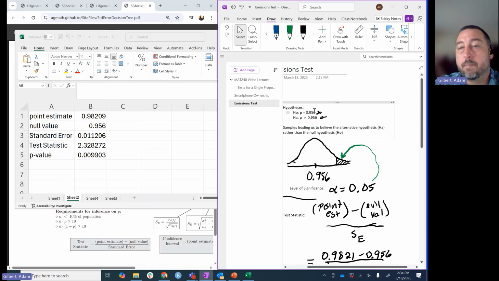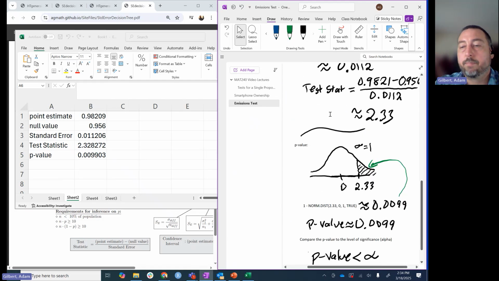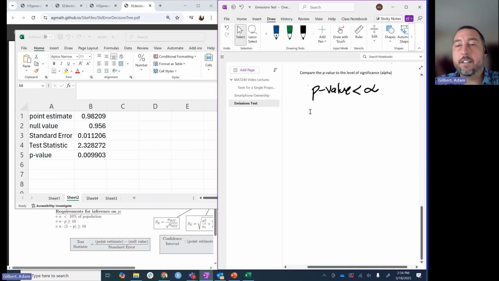So we observed something unexpected. In this case, where our observed sample data and samples more extreme than that are unlikely, we're going to reject the null hypothesis, that's H0, and accept the alternative to it, that's HA.